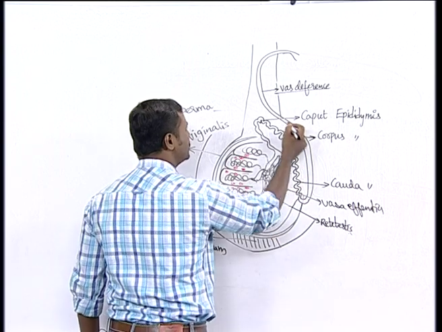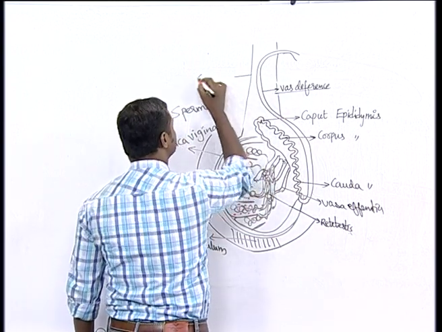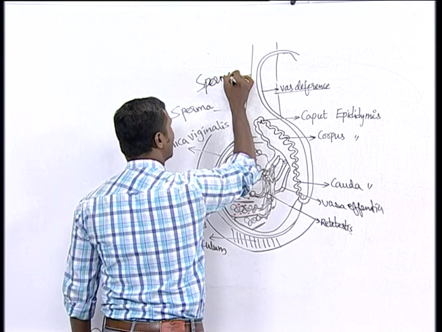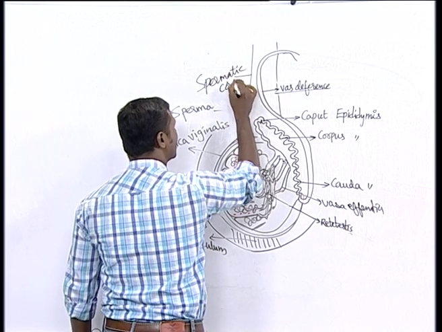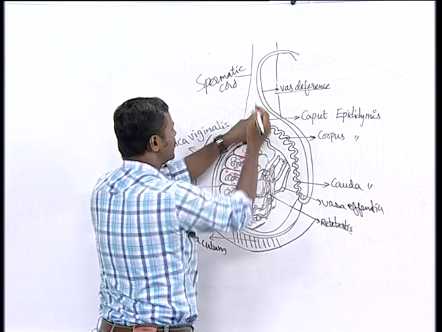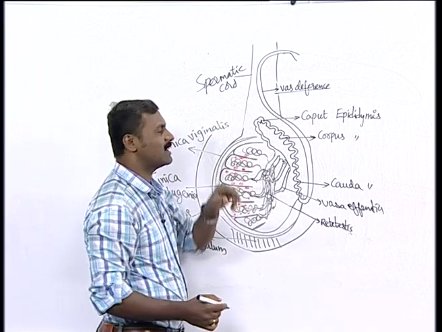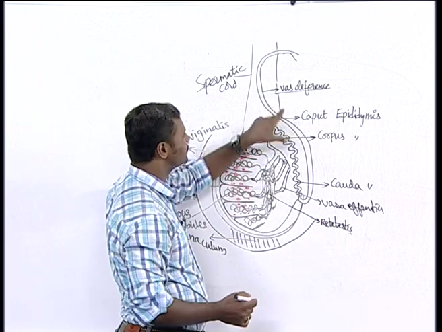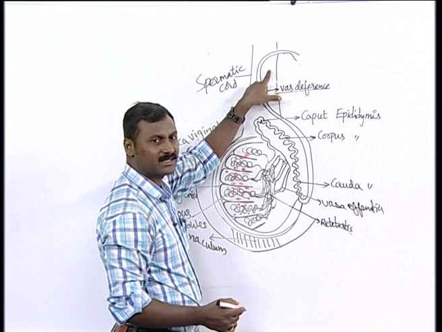So, the epididymis continues through the spermatic cord, you know already. In the spermatic cord, the vas deferens is travelling. Not only the vas deferens, nerves and blood vessels are also present in the spermatic cord.